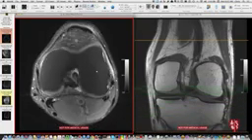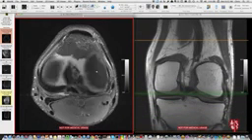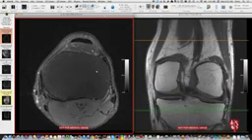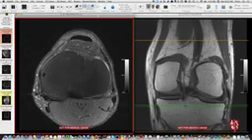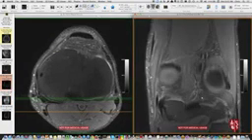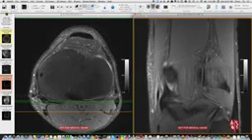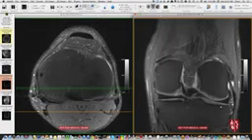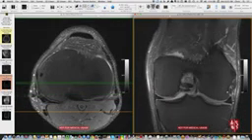One structure I haven't mentioned so far, because it's not that critical, it's not injured that often, is the popliteus muscle and tendon, and that's this structure that goes posteriorly along the back of the knee. So posteriorly, it's this tendon that's coming up and wrapping around, and that's actually inserting into the neck of the cameo, right in here.